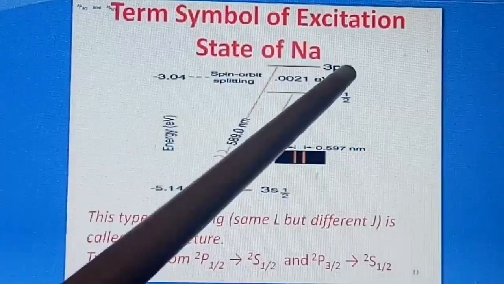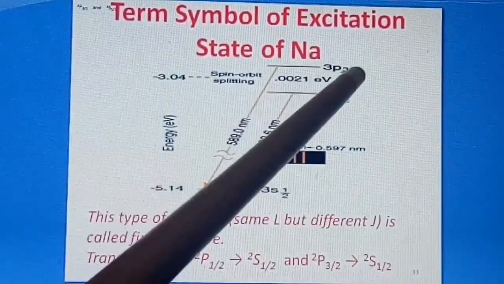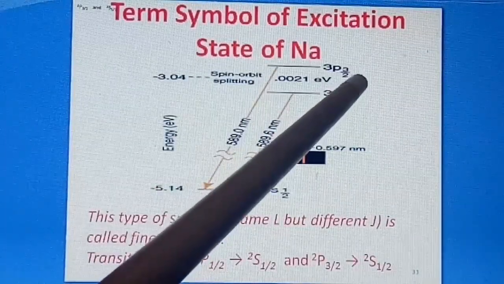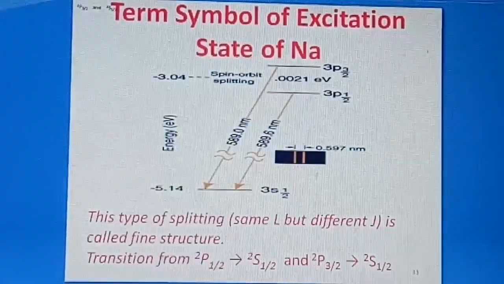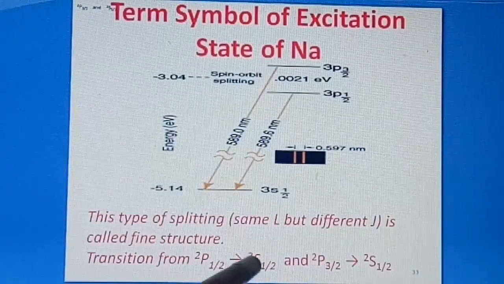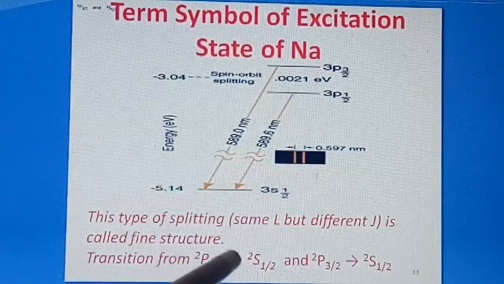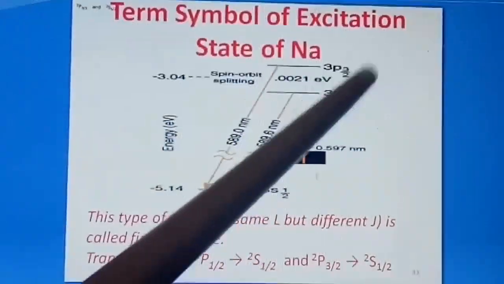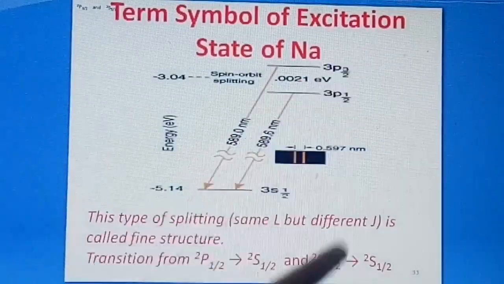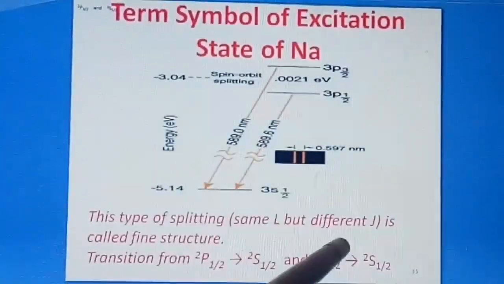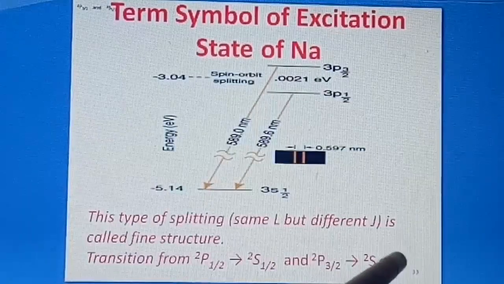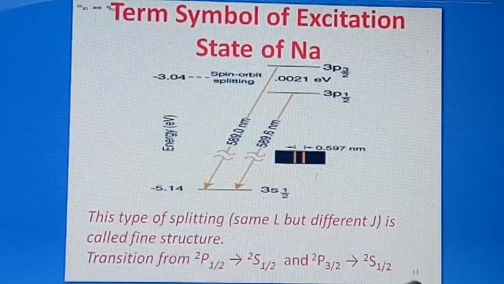The transitions having different J values are these. The transition will be from here to here, that is 2p 1/2 to 2s 1/2, and from here to here, that is 2p 3/2 to 2s 1/2.